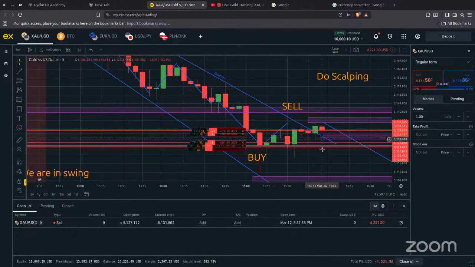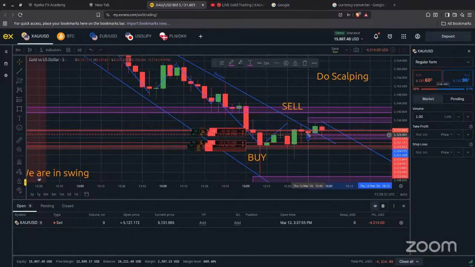So if you start experiencing something like this, if you start seeing it playing in between here, up, down, up, down, up, down, just know it's consolidating.